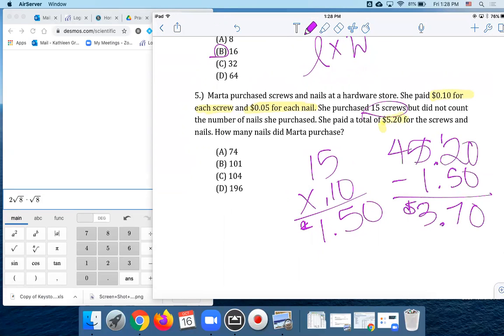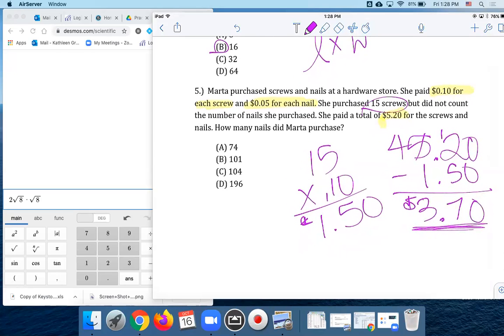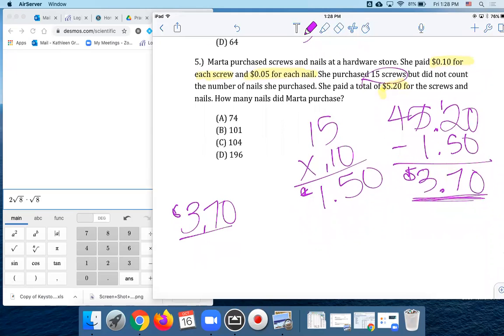So she has $3.70 to use on nails, because it says how many nails did Marta purchase. So this is how much she has to spend. So we're going to take her $3.70 and we are going to divide it by our 5 cents to see how many she purchased. And that should give us our answer of 74.